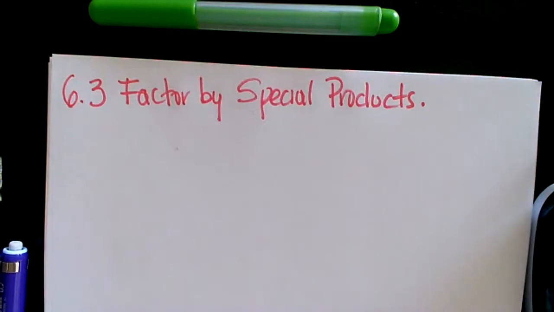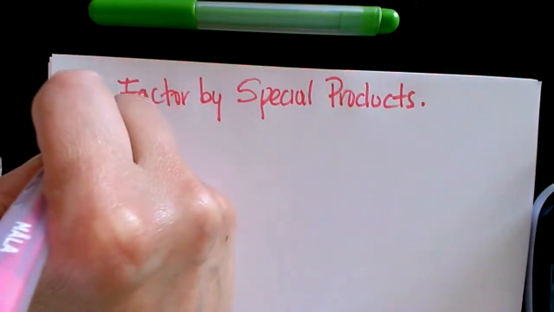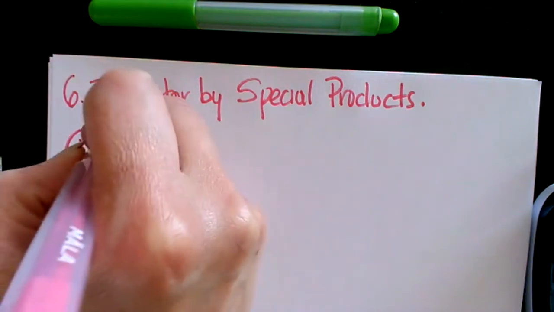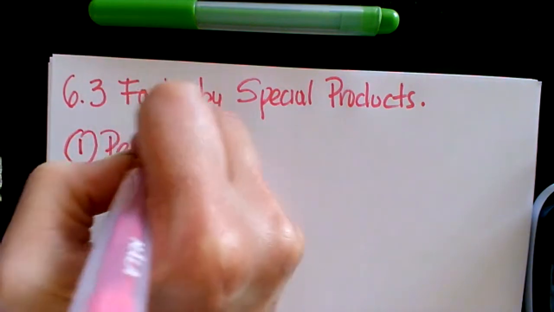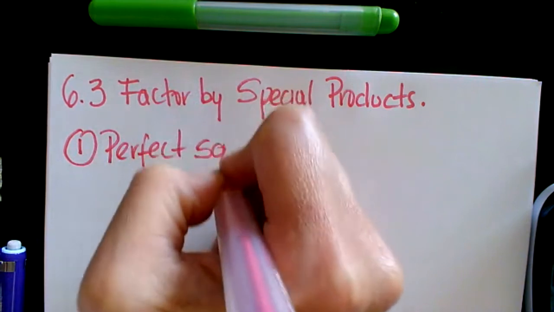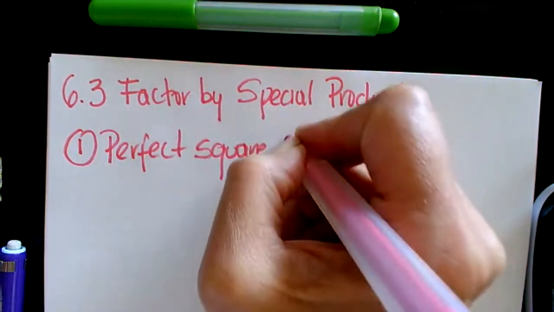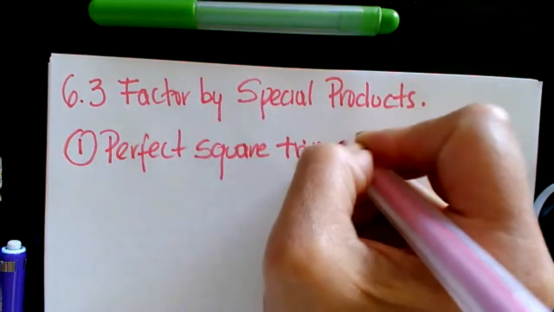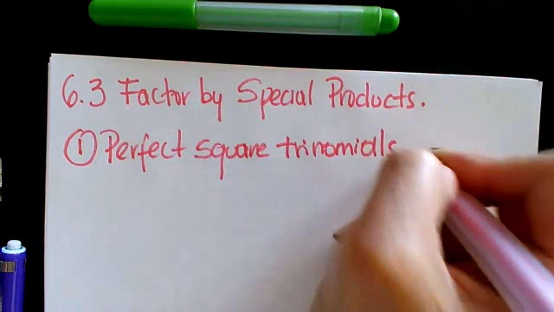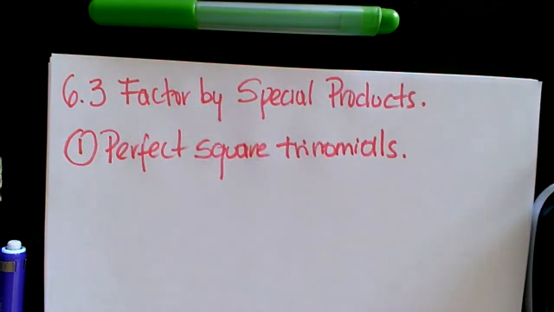Okay, and the first one that we're going to study is the perfect square trinomials, right? So when we square a binomial, we end up with what we call a perfect square trinomial.